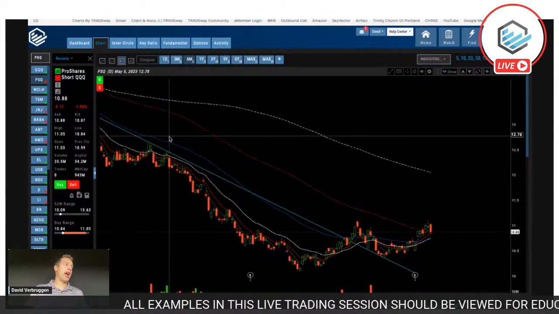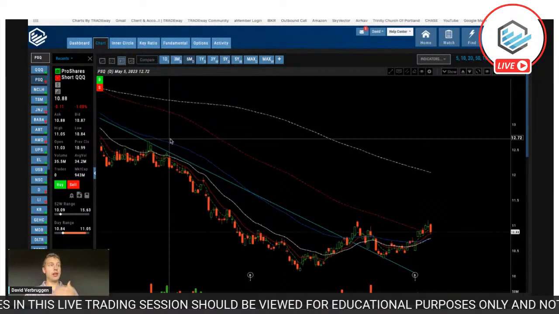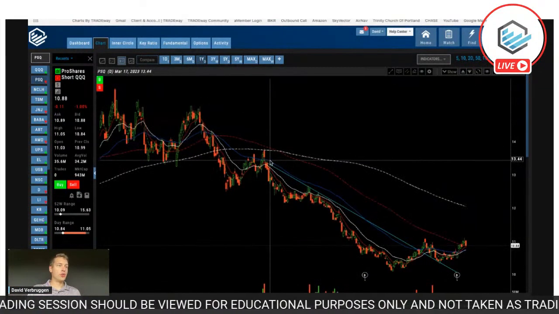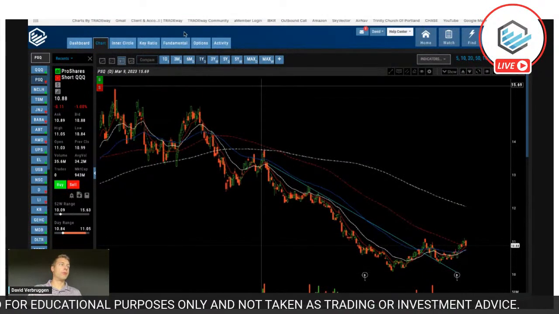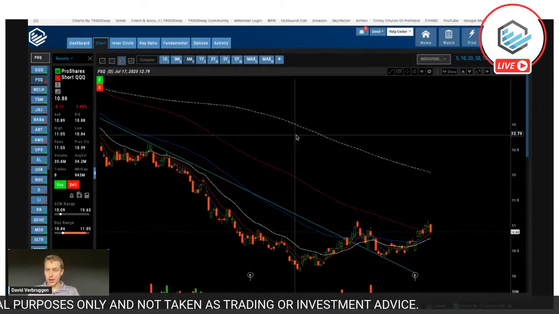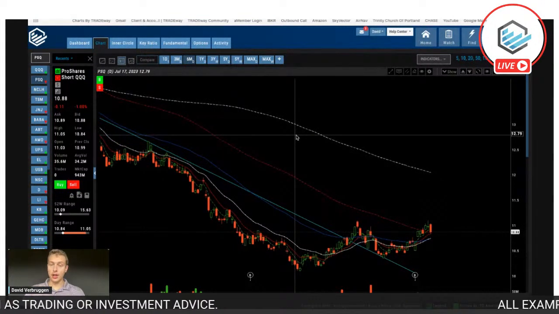And as QQQ had been in a nice uptrend for a while, PSQ had been in a downtrend for a while. You can see this line, and that downtrend has been broken.